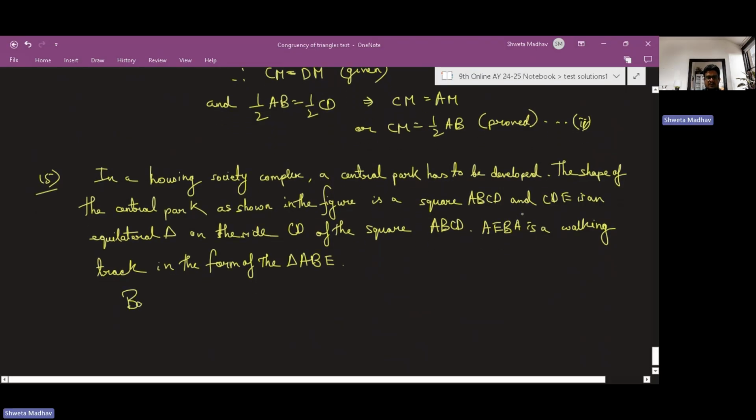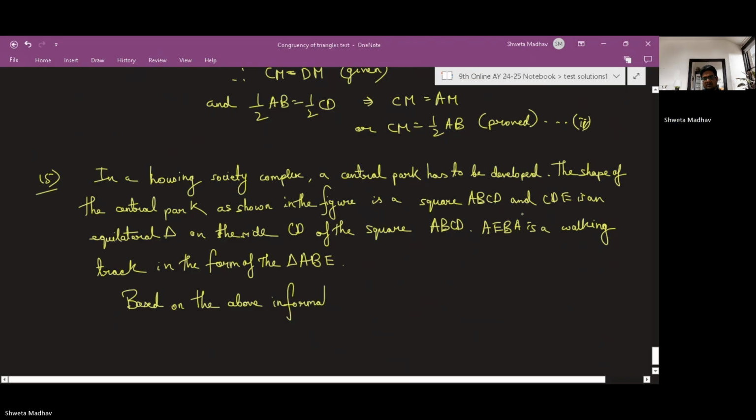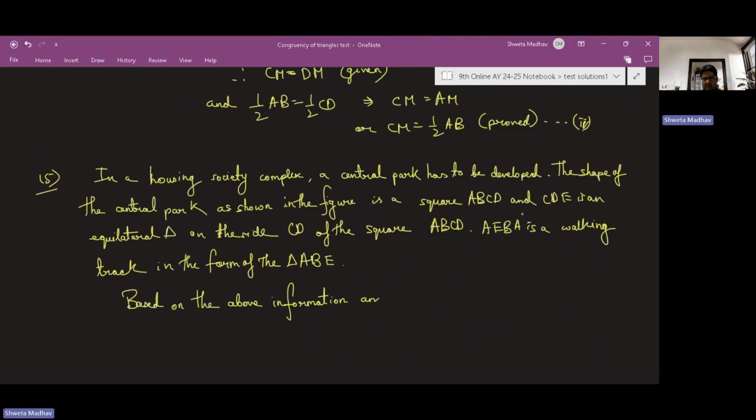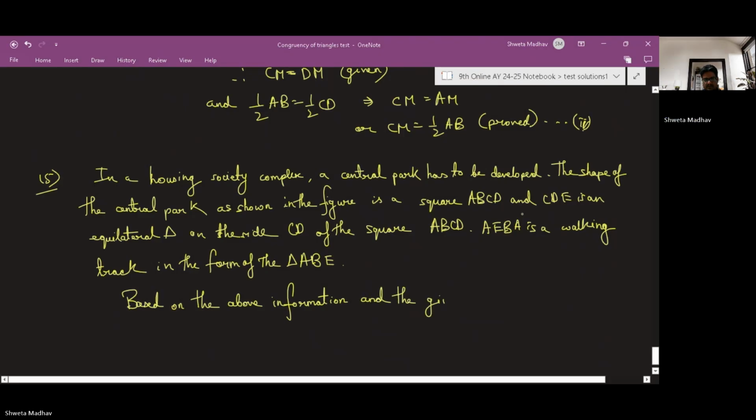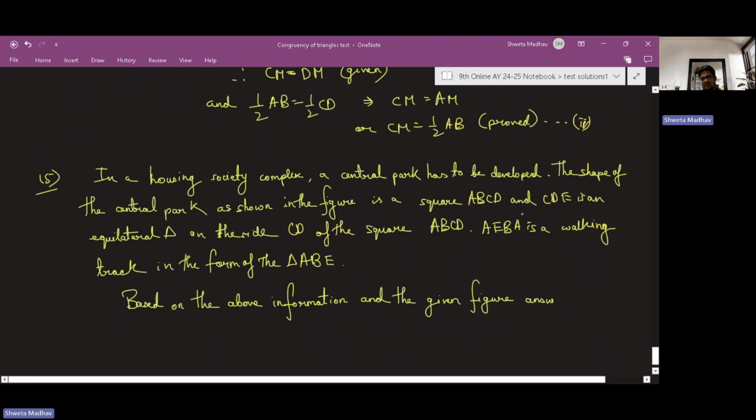Then based on the above information and the given figure, answer the following questions.